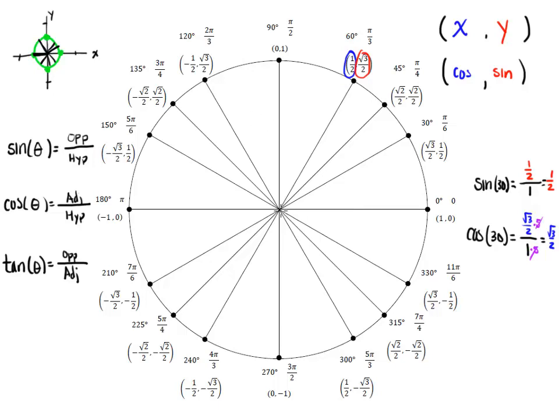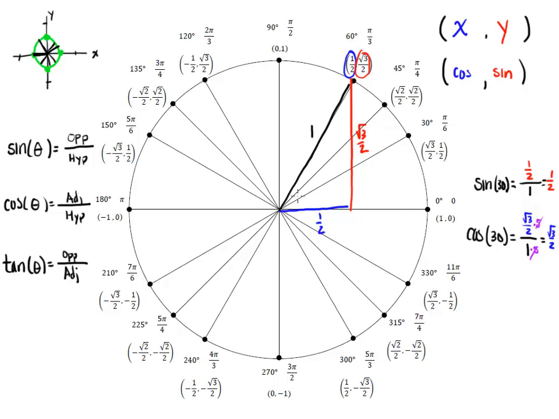Why? Because the adjacent side of this 60-degree angle is 1/2, and the opposite side, or the vertical side, is square root of 3 over 2. So when I do opposite over hypotenuse for sine, square root of 3 over 2 divided by 1 is square root of 3 over 2. And that's my sine value, and that's my cosine value.